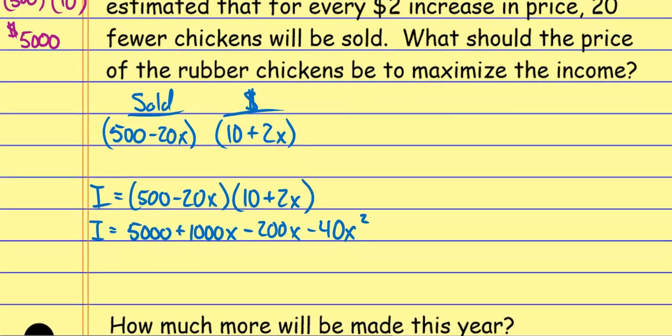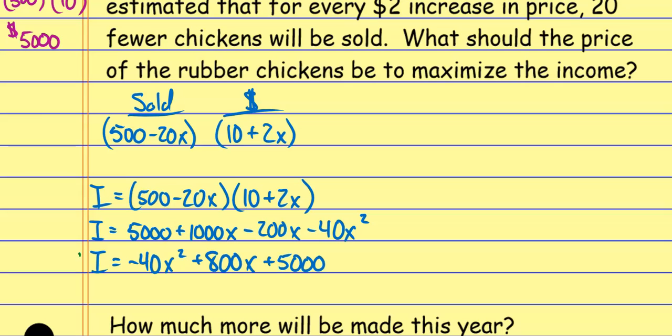And so now I'm going to combine like terms. I'm also going to rewrite this because I want to have the x squared first. So it's a negative 40x squared. See, I'm putting it in the right format. Plus 800x when I combine like terms. And then plus 5,000. Okay? So now I have this quadratic that's in standard form. This quadratic represents the income.